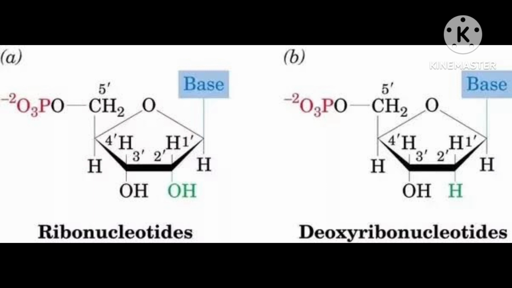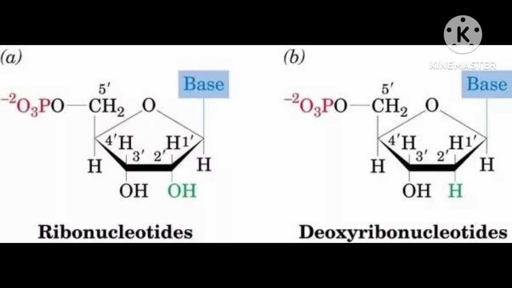Then here in the DNA molecule, the sugar moiety, the sugar part, is beta D-2-deoxyribose. You remember, okay? In DNA, one moiety will be there, that is called the sugar moiety.